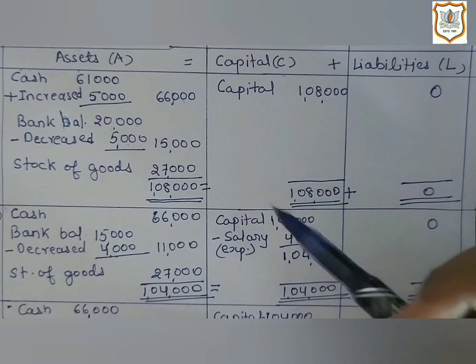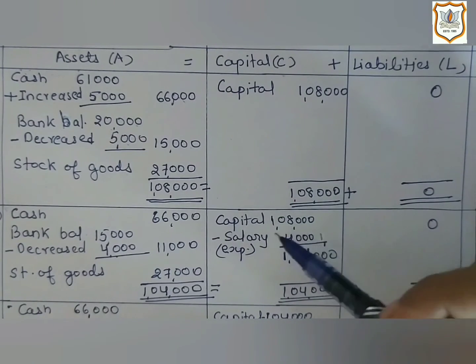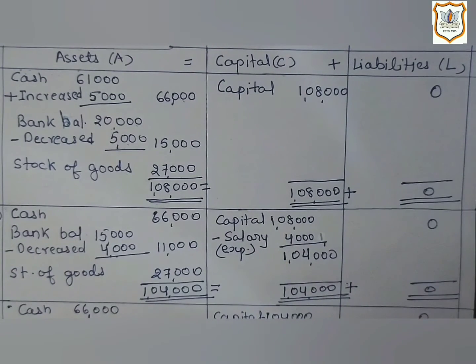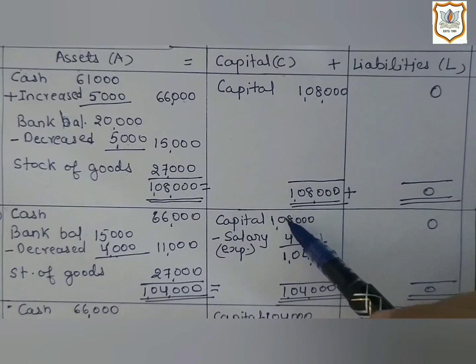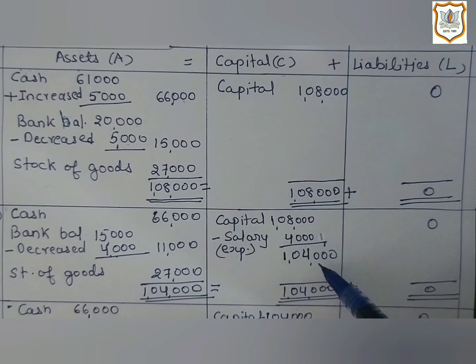And there is also a reduction in capital, since all expenses and losses lead to a reduction in capital. So here salary is our expense, it reduces capital. So now our capital is 1,04,000.